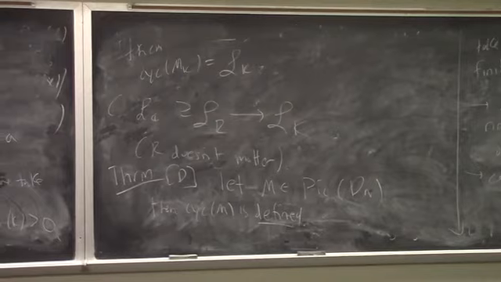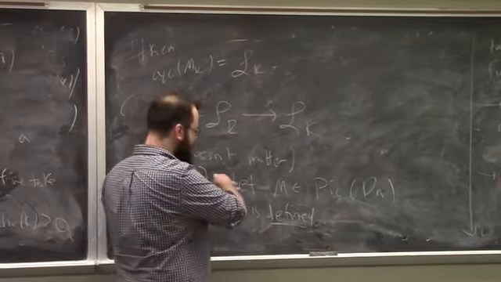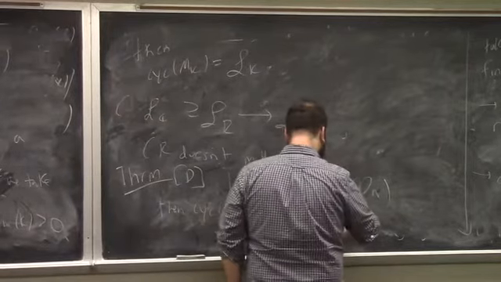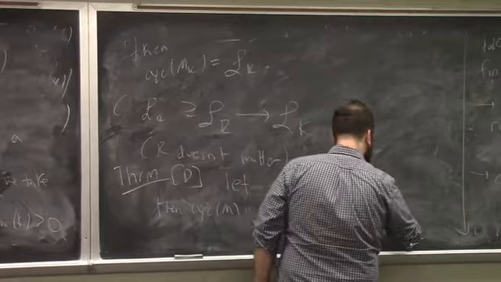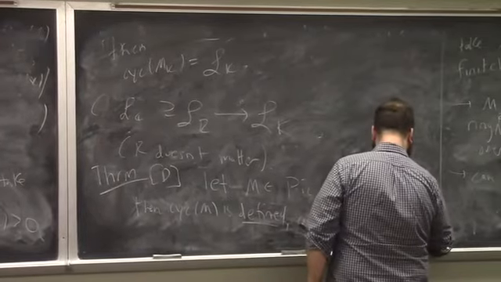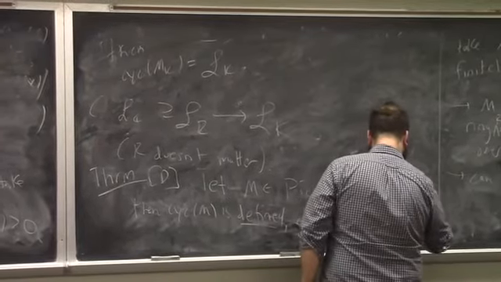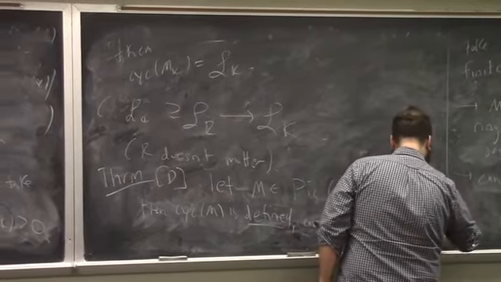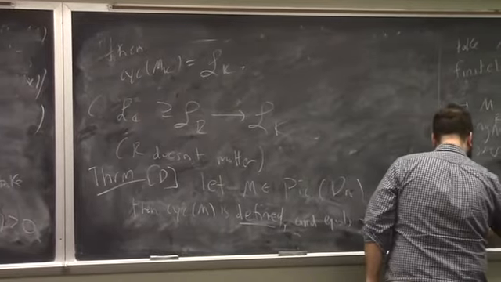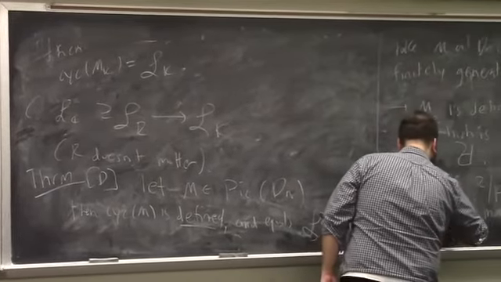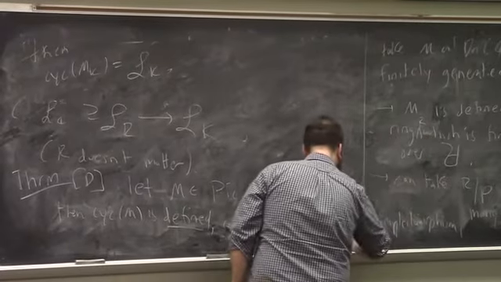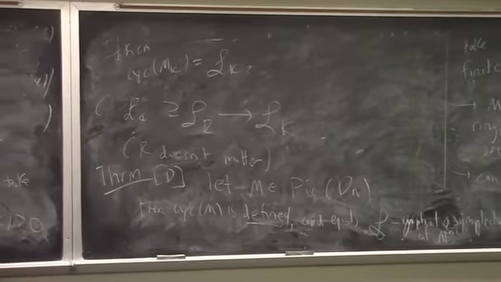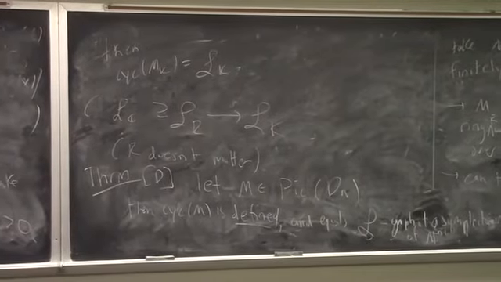So the reduction mod P of it is a uniformly defined thing, and it equals L, which is the graph of a symplectomorphism.